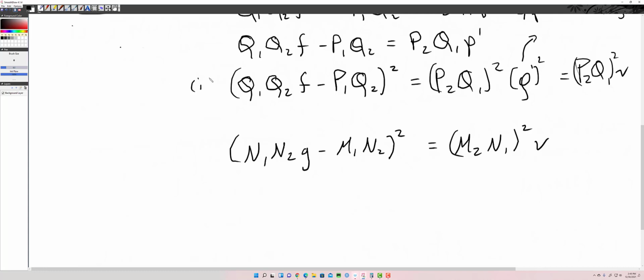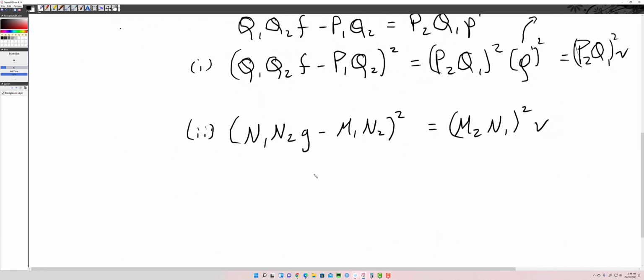So I have this equation and I have this equation. This is in terms of F, this is in terms of G. What I'm going to do now is take equation 1 and multiply it by m2 n1 squared. And I'm going to take equation 2 and multiply it by p2 q1 squared.